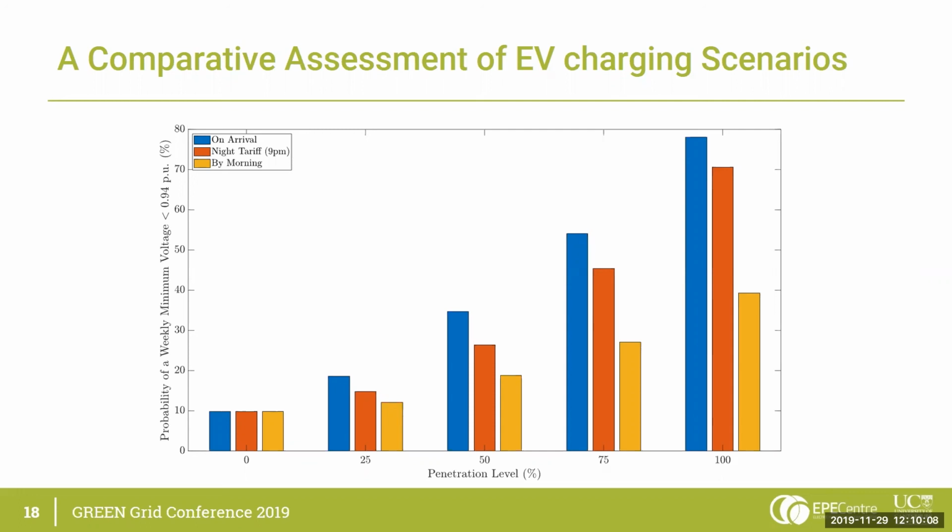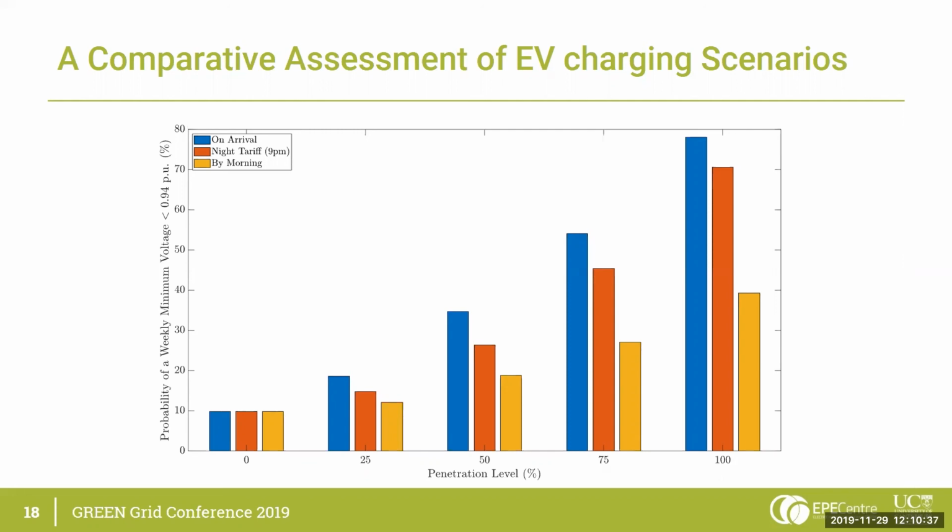And this is because with the night tariff strategy, EV load diversity is lost. Whereas before vehicles were arriving home at different times, with people living different lifestyles, if we're all responding to a single uniform time of use signal, then that's not particularly good, especially at high penetration levels. And what this results in is that we begin to see a new peak load occurring at 9 p.m. rather than earlier in the day.